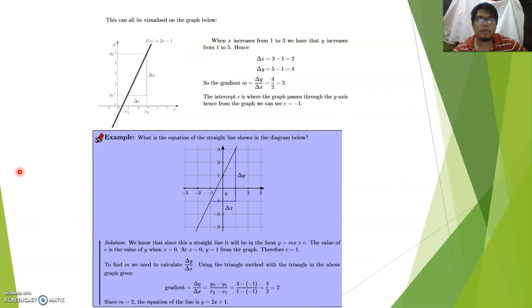To the track, here is one example of the graph. It is given this kind of graph. So from this graph, you can do it by yourself. You can determine the equation for this graph.